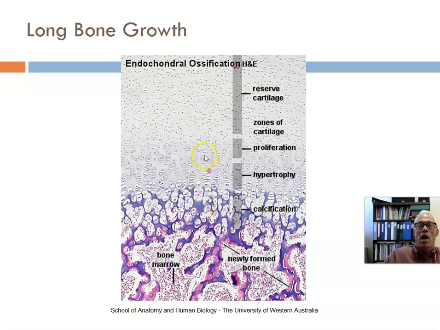And as those columns of chondrocytes continue to form, as we look closer to the diaphysis, the chondrocytes are enlarging, and they're dissolving away some of the cartilage matrix around them, so that the columns become closer and closer together, and eventually the chondrocytes die, and there's nothing left but a dangling fringe, remnants of the hyaline cartilage tissue that was present here in the growth plate.